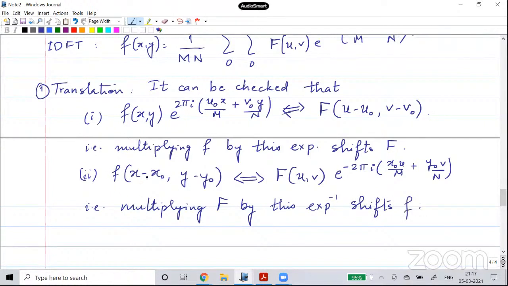So if there is a shift in the image, that corresponds to multiplying the Fourier transform with this exponential function. And on the other hand, if you want to shift the Fourier transform, then you multiply the original function by this exponential. So these are actually very important properties, and we will use them in the later properties and even in the construction of the spectrums. So I will mark these as star. Actually, I will just mark this one, this is the more important.